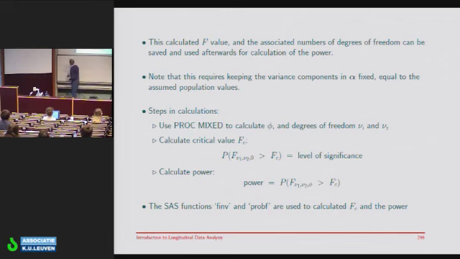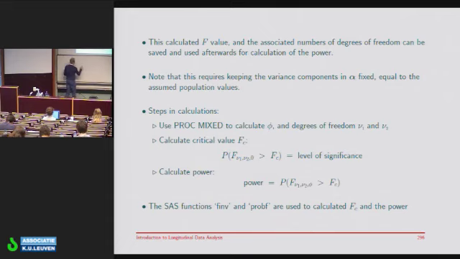You have SAS calculate for you that non-centrality parameter in proc mixed, and then you will first calculate the critical value. So what you need is your central F distribution. The blue one is your F distribution that you would have under the null hypothesis.